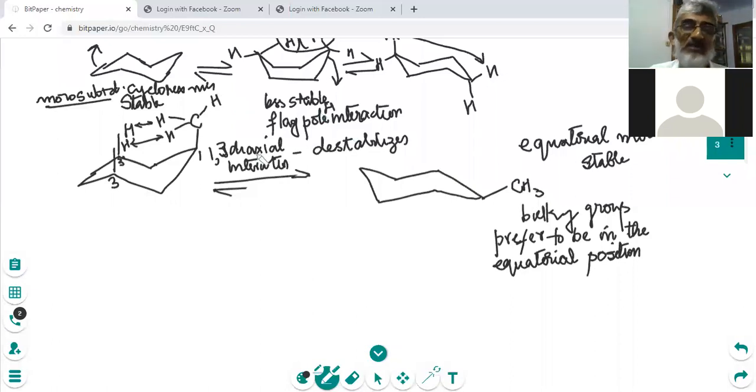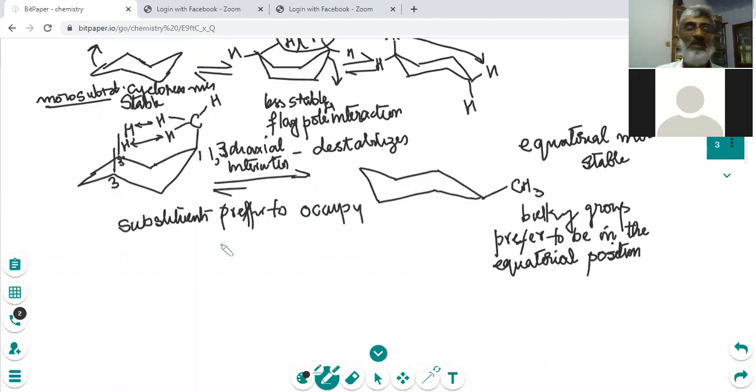In mono-substituted cyclohexanes, the substituents prefer to get converted to occupy the equatorial position, depending on their bulkiness.